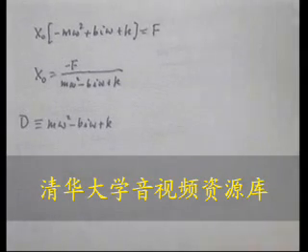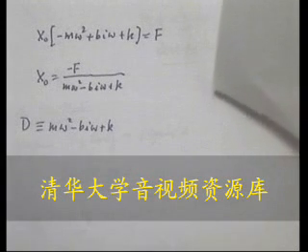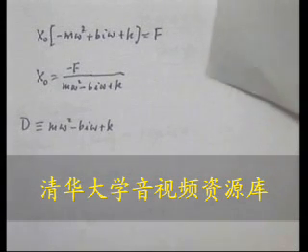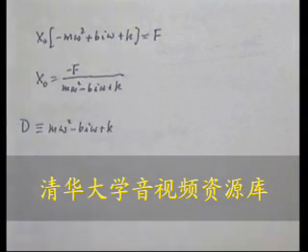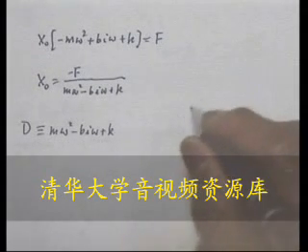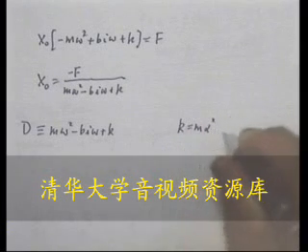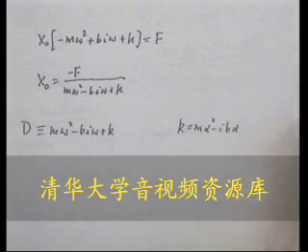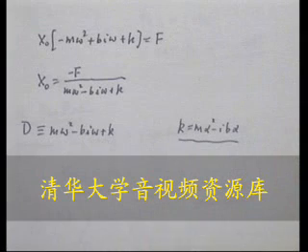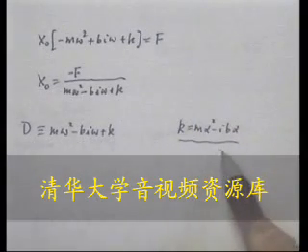And let us now go back to the equation we had before, namely k is equal to m alpha squared minus i b alpha. Previously we had an equation for k: k is equal to m alpha squared minus i b alpha.